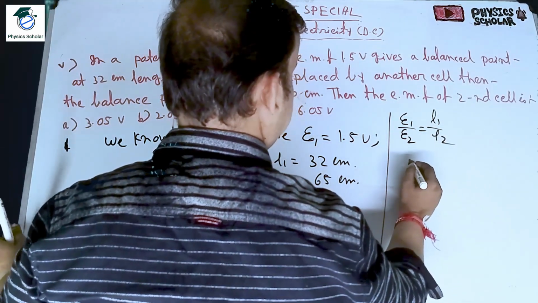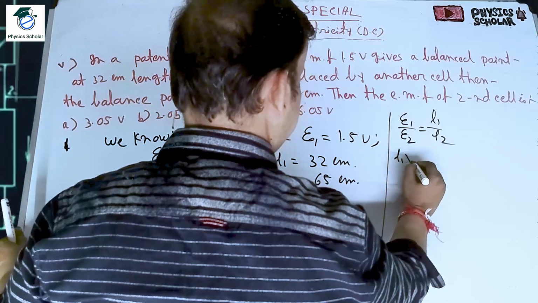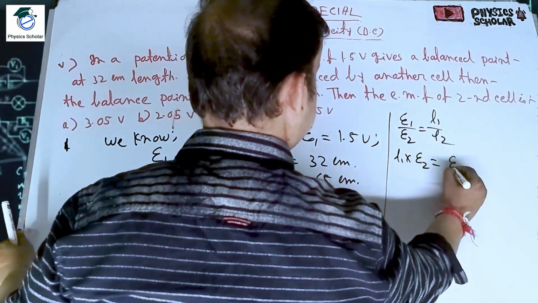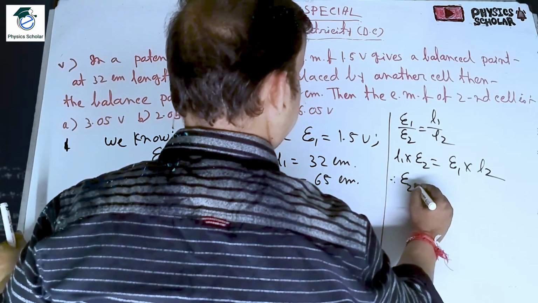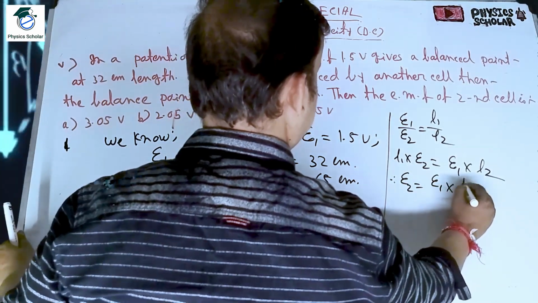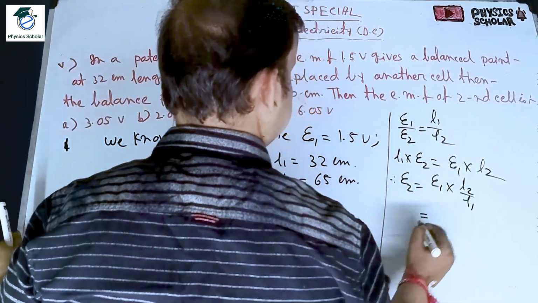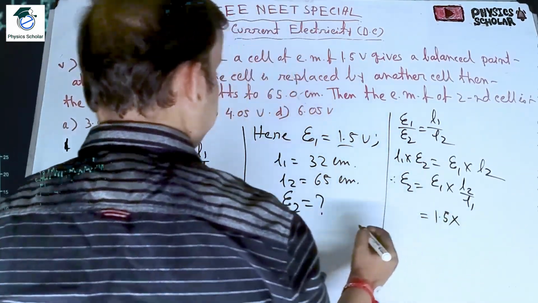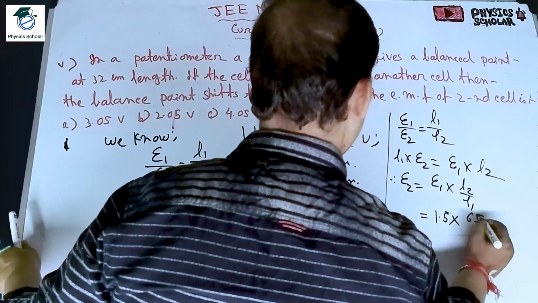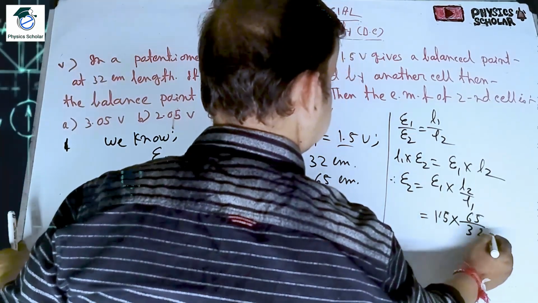Therefore L1 into epsilon 2 is equal to epsilon 1 into L2. Therefore epsilon 2 is equal to epsilon 1 into L2 by L1. The value of epsilon 1 is 1.5, into the value of L2, 65, divided by 32.